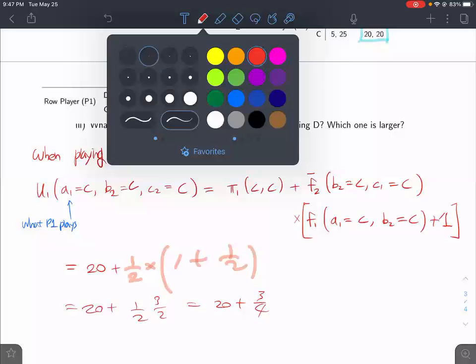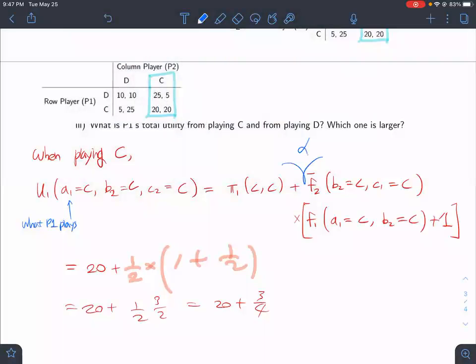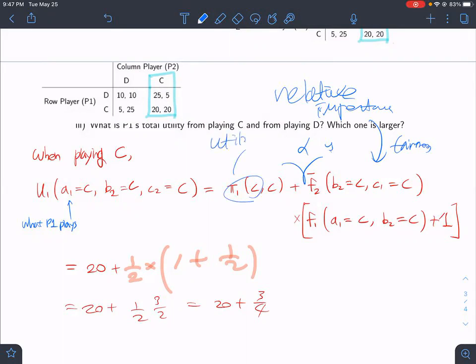I'm really sorry, I forgot to put alpha here. Yes, I was thinking something is missing. So this alpha means the relative importance between fairness versus my consumption utility.